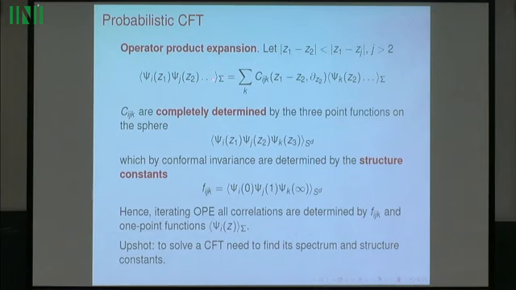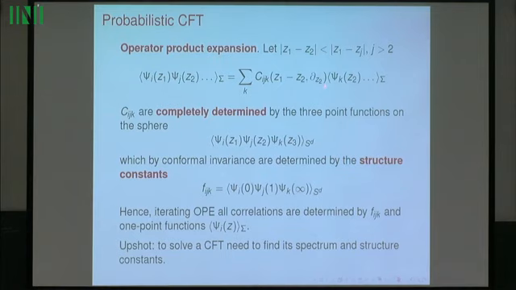In practice, it means that if you have two such primary fields within a correlation function, and you take the 2 points which are closest to each other, then you have an expansion in terms of reducing the number of fields. The two, i and j, disappear, and there is a k there, and some universal coefficients. They are completely determined by three-point functions on the sphere.